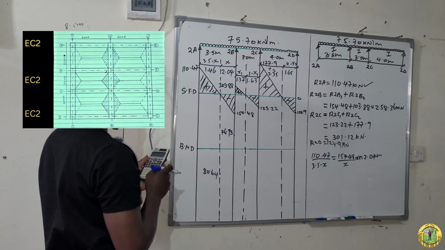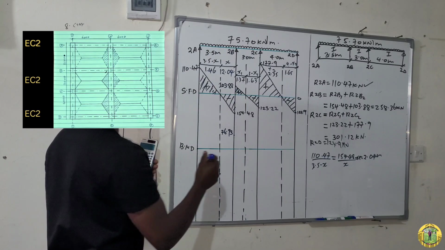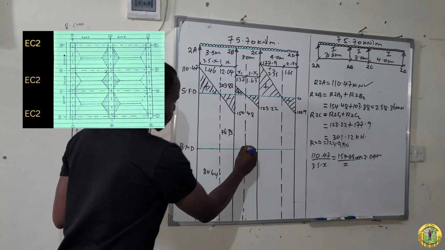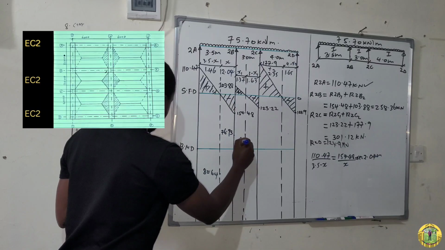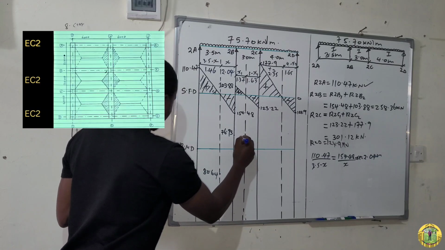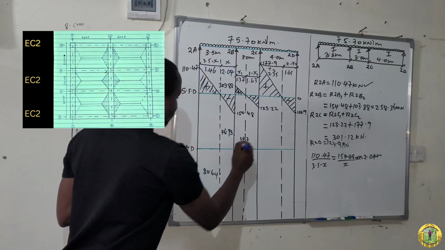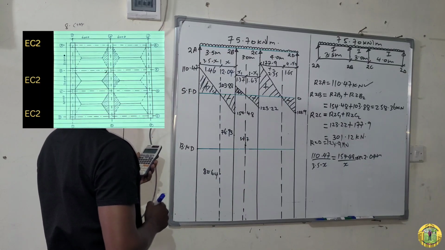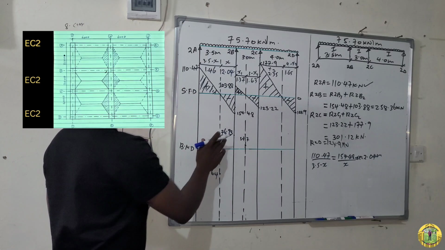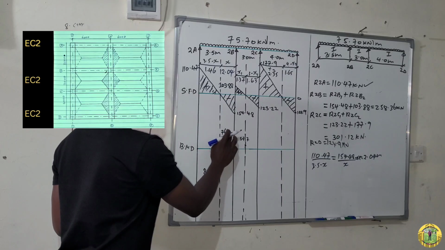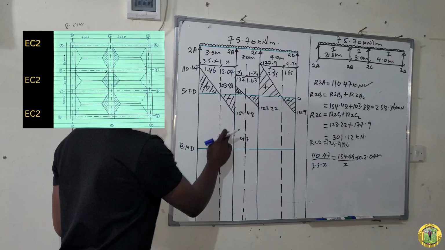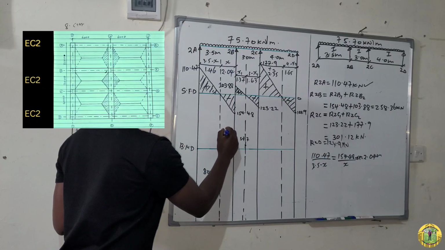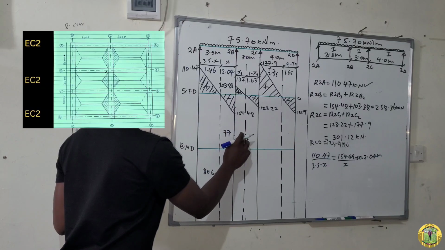So this is negative 5.76, or negative 5.77. Here, let's use 77 because it has to be the same as the one we calculated. So let's round it to the whole number and make it 77.